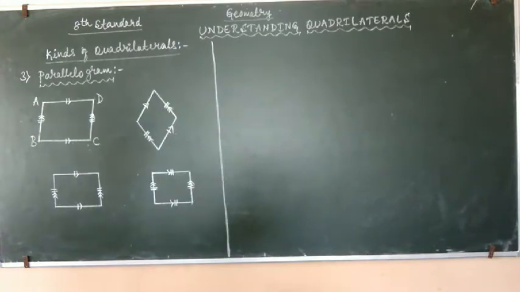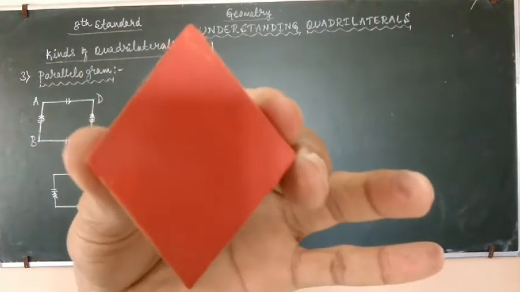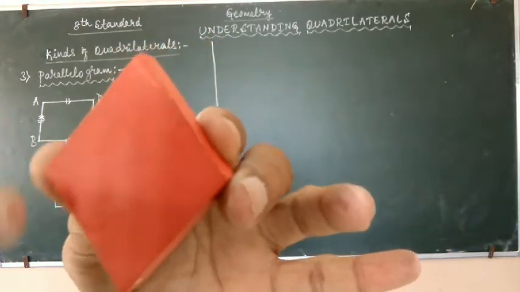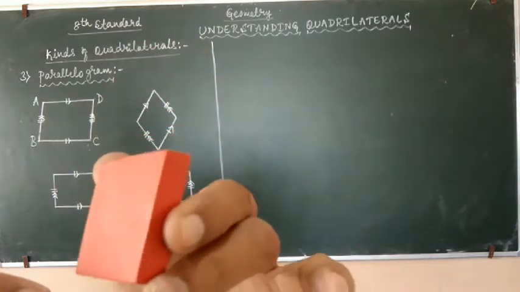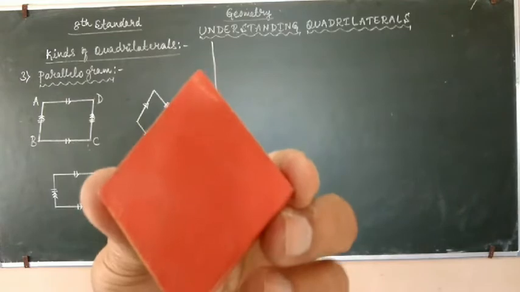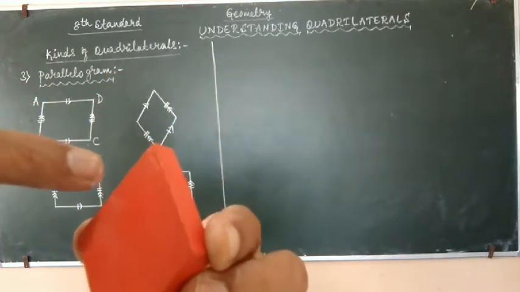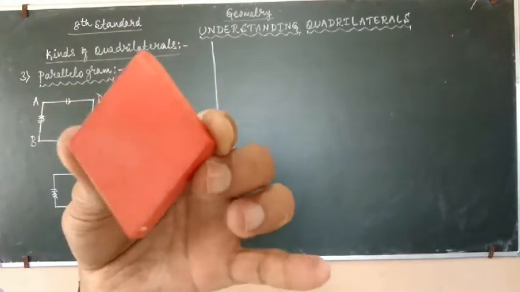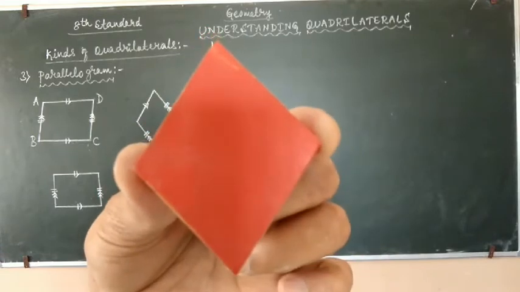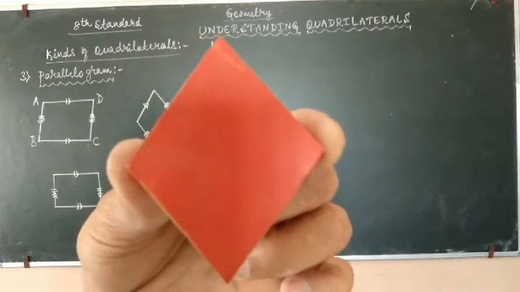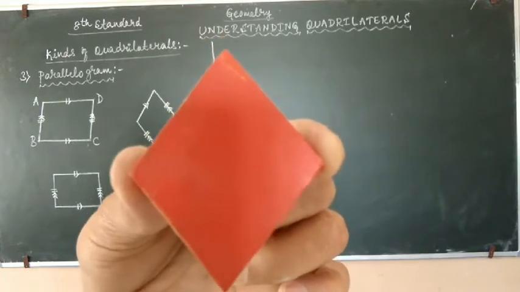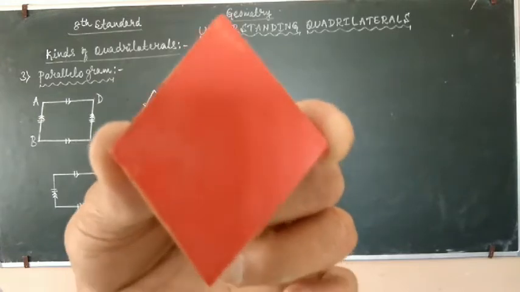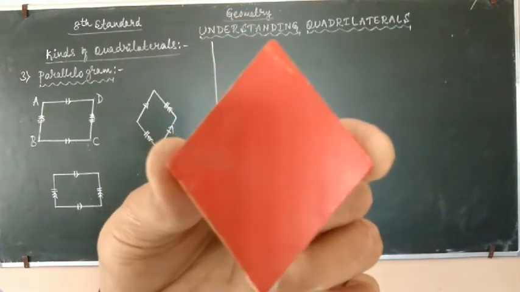Now students, observe another object. Here also the opposite sides are equal and parallel. So this is also a type of parallelogram. These are all plane figures you have seen in the sweet stalls.